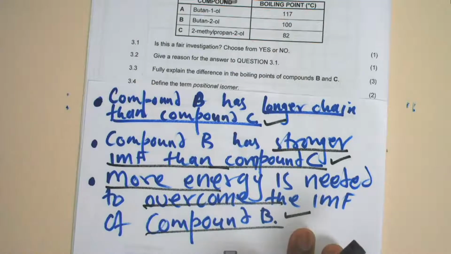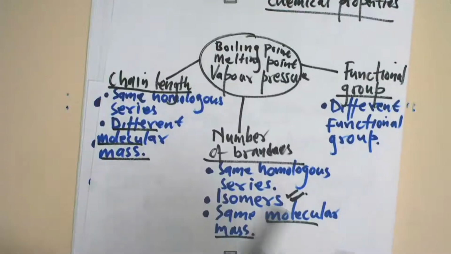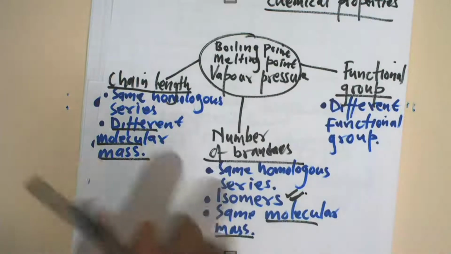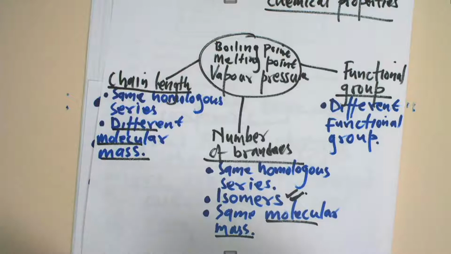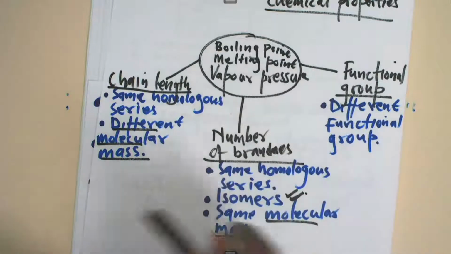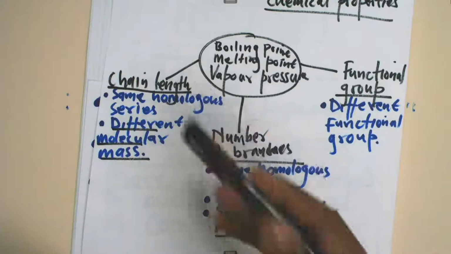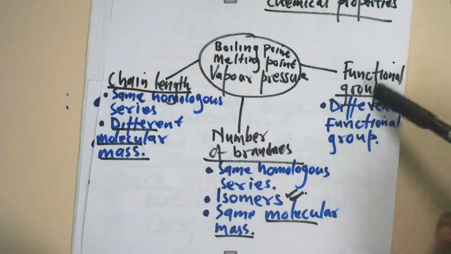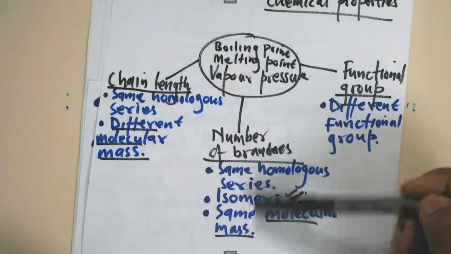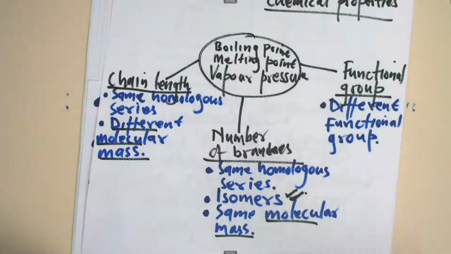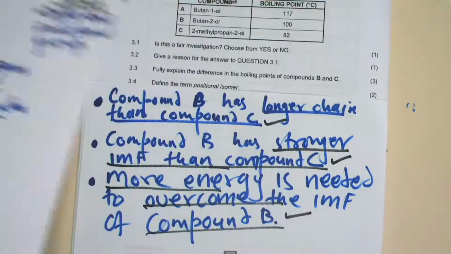I believe it's clear. So the idea is first check which factor is being assessed. I gave you hints, a crash course of what to look for. So once you are able to check if it's functional group or number of branches, the reasoning thereof follows suit.